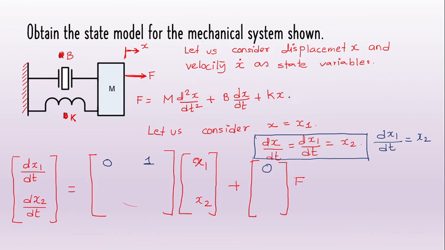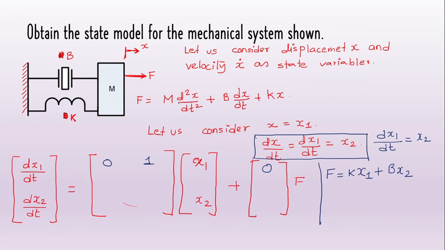If I substitute the variables in this expression, it will be f equal to Kx1, arranged differently. What will be my b term? The derivative of x1 means x2, so I can write it as bx2.